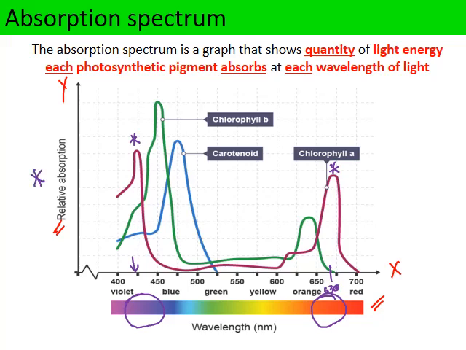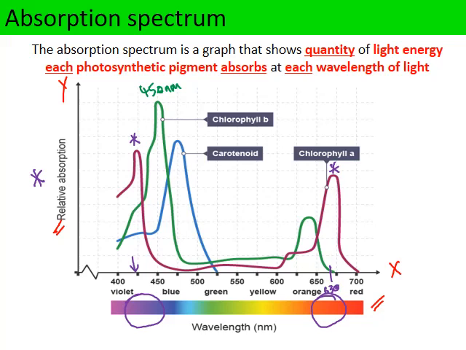the y-axis. Now for chlorophyll B, we can see there's a peak at about 450 nanometers. So that represents where there's a greater amount of light energy being absorbed by this pigment over all the different wavelengths. It's about 450 nanometers. So that represents obviously blue light, the blue end of the spectrum again.